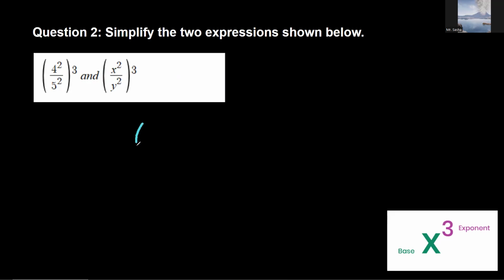Here we have 4 squared over 5 squared, cubed. Here we have 16, and now we have 25.